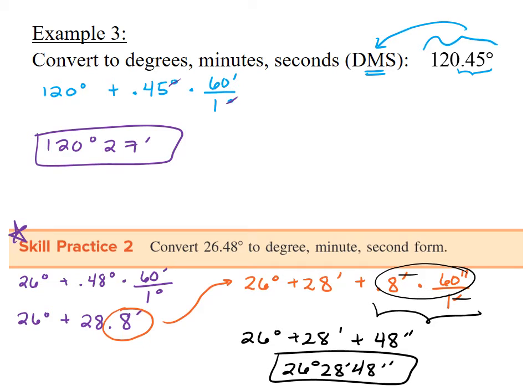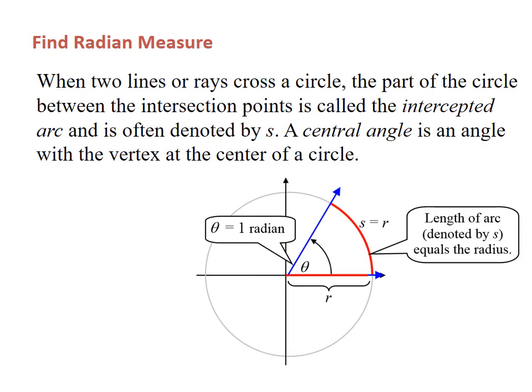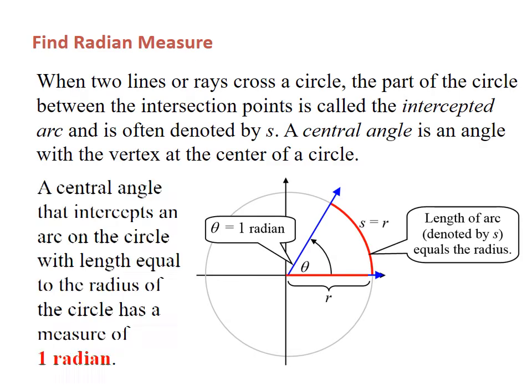Okay. We're going to move on now to radian measures. And basically, a radian is still an angle measure, but it is different than a degree. And this here kind of explains where a radian comes from.